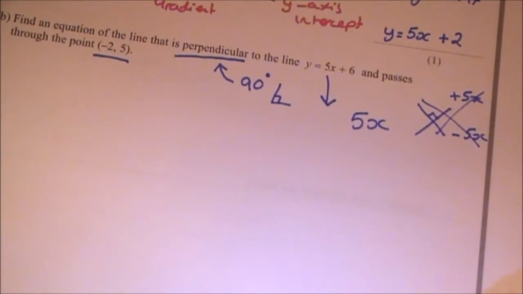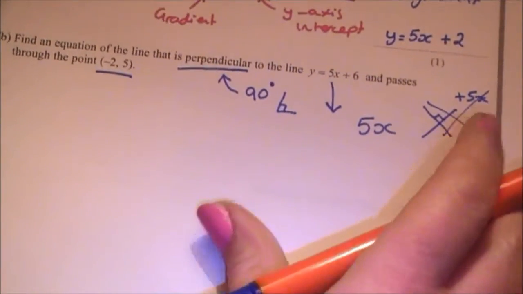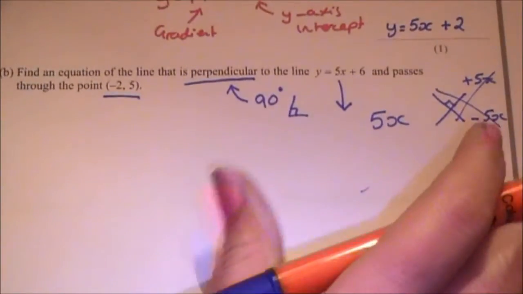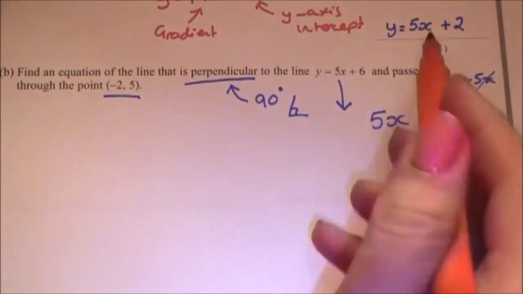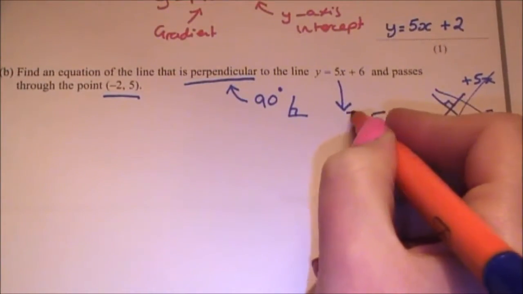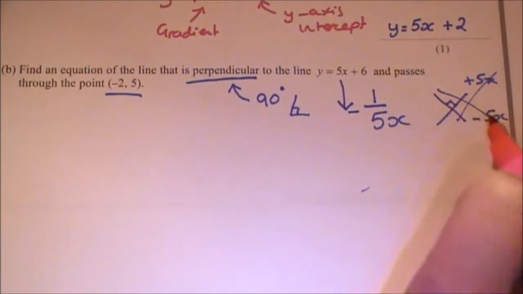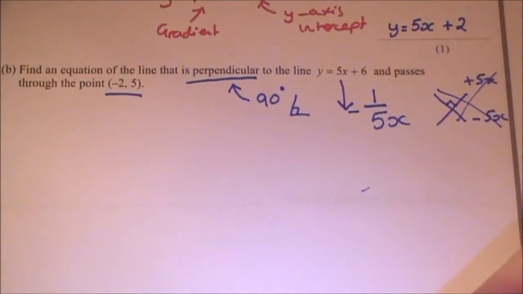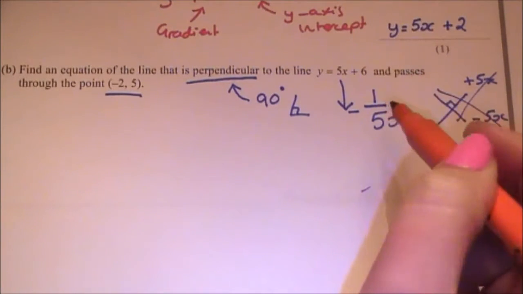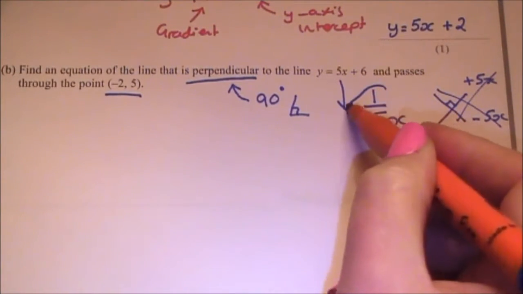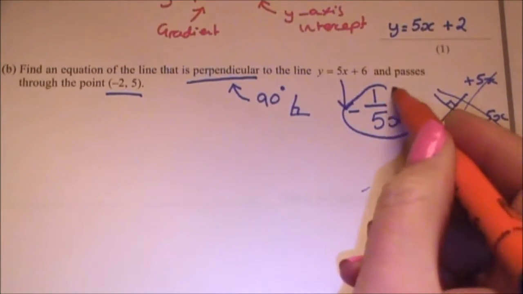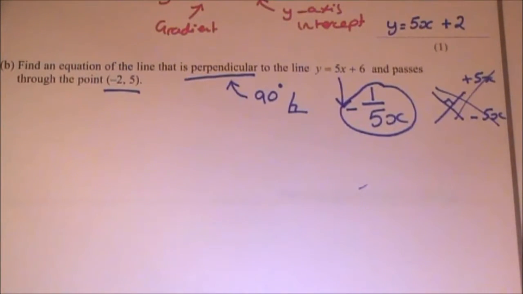That's not how it works. If you're ever asked to find the perpendicular to a gradient, it's actually -1 over the coefficient of x. Okay, so I'm actually looking for a line with that gradient.